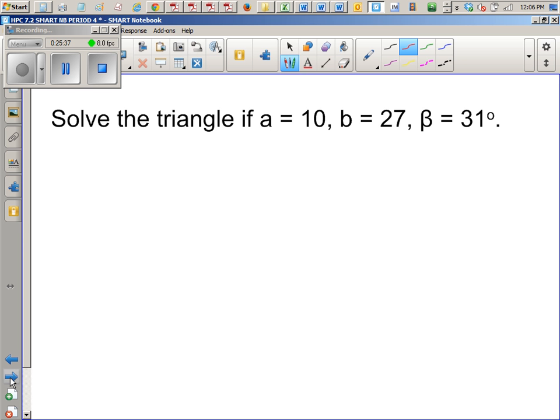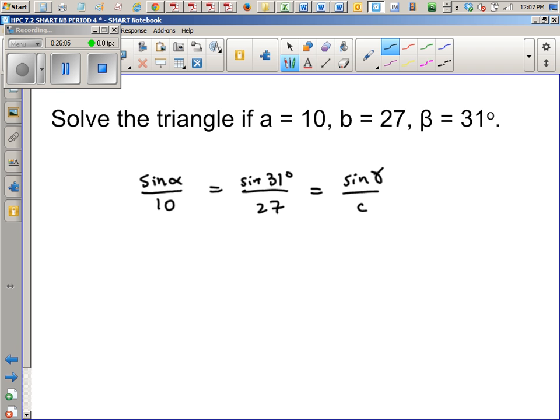Here's my first one. Solve the triangle if a is 10, b is 27, and beta is 31. Okay, you do not need to draw a picture. All you need to do is set up the law. Sine of alpha over 10 equals sine of beta, which is 31, over 27 equals sine of gamma over c.